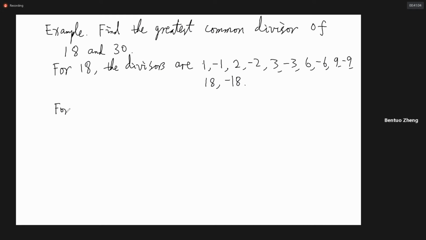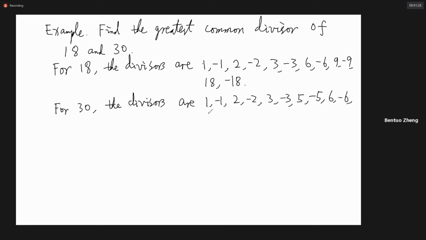And for 30, the divisors are again 1, -1, 2, -2, 3, -3, 5, -5, 6, -6, and 10, -10, 15, -15, and 30, -30.